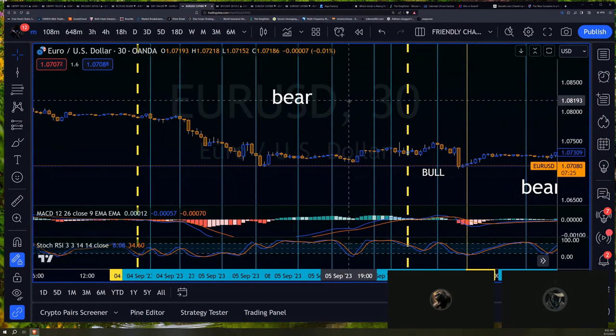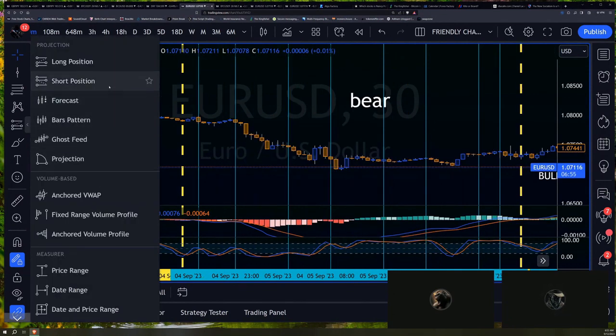So let's just say that you want to go short, and if you watched the show yesterday, then you'll see how stop losses are created and how this long short box works. Okay, so we'll stretch this out a little bit, and this is a short cross on the MACD in a bearish situation, so we will go short.